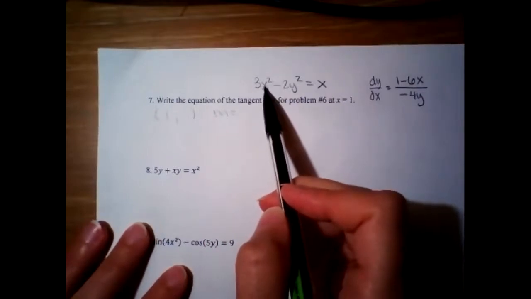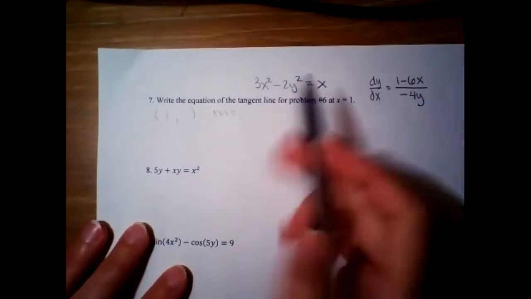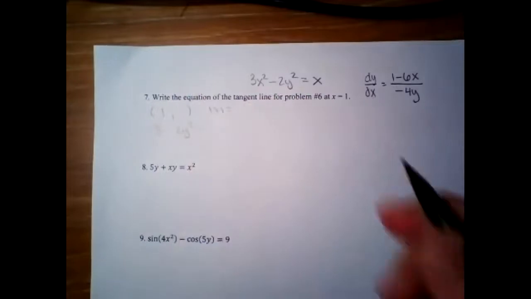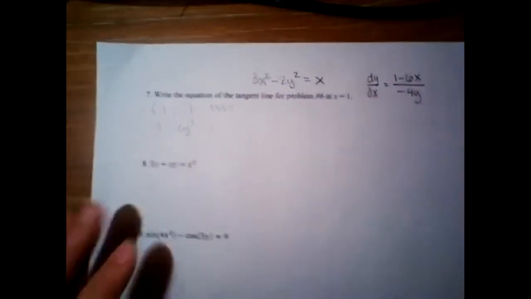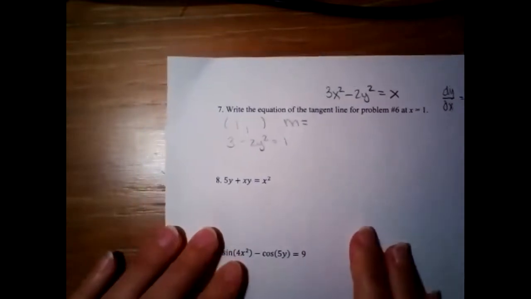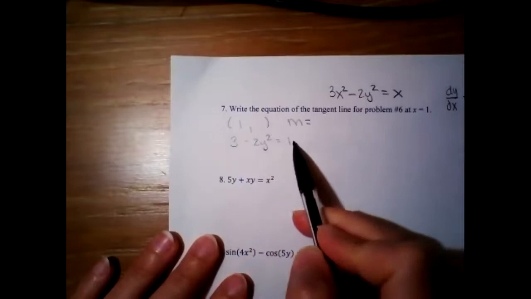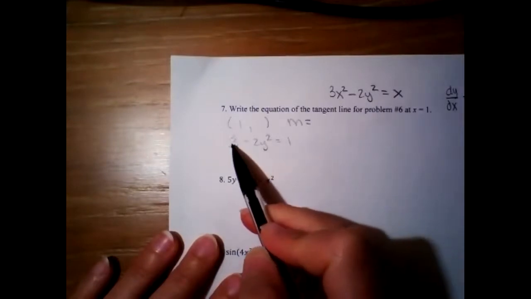All right, so 1 squared is 1 times 3 is 3 minus 2y squared equals 1. Again, I'm plugging in 1 for x. And then we're going to solve that for y. So I'm going to subtract over the 3. Again, this is really just a whole big bunch of algebra.